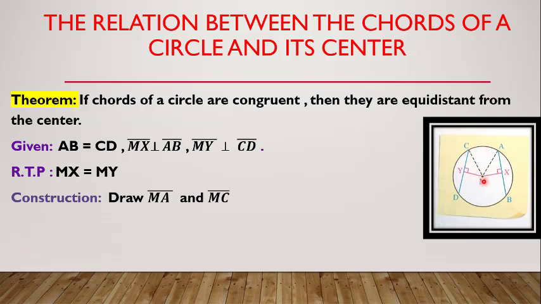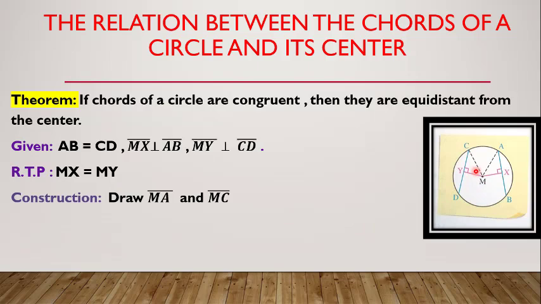Also MX is perpendicular to AB, so AX equals half AB, because a line segment passing through the center and perpendicular to a chord bisects the chord, and also MY bisects the chord CD. It means that AX equals half AB and CY equals half CD, but half AB equals half CD because they are equal chords. So the two triangles are congruent.